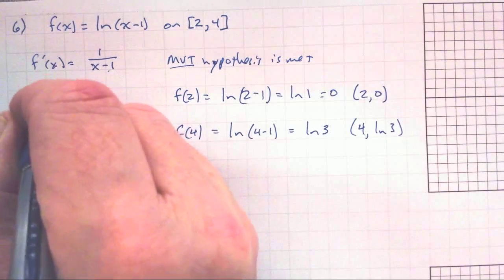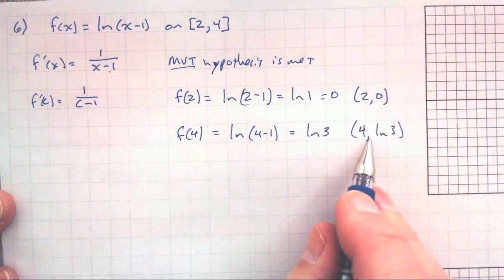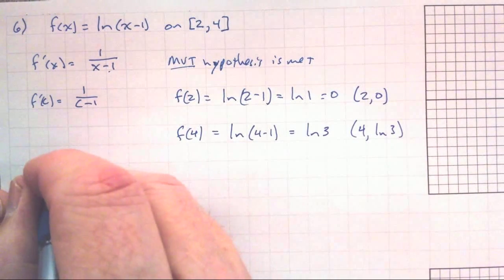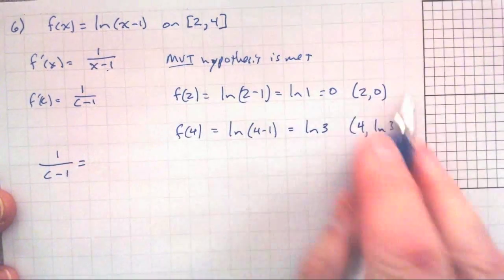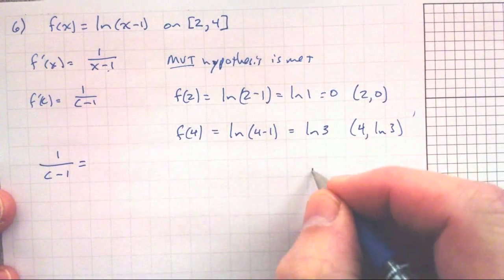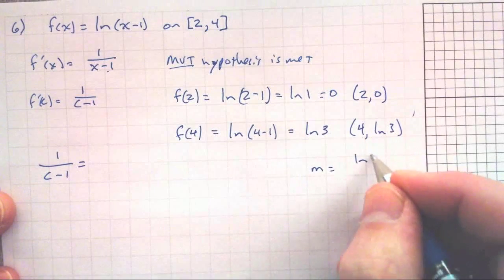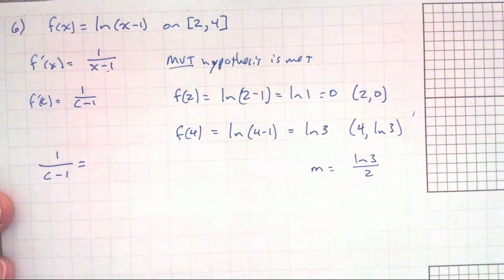Okay, and there must be, because of the mean value theorem, a point where f prime of c, which of course is 1 on c minus 1, equals this. So I'm going to go 1 on c minus 1 needs to equal the slope of these, I should say. Our slope over here is y minus y, ln 3 minus 0, on x minus x, 4 minus 2.